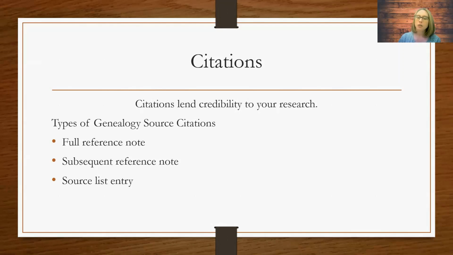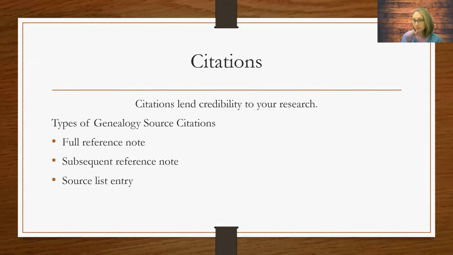So when we think about a genealogy source citation, what we're doing is we're describing what the source is, who created the source, where and when it was created, and where the source is located. So if we think back to copyright first, we're using someone's original work, and we've quoted something from their book or their writing, then we want to give them credit.